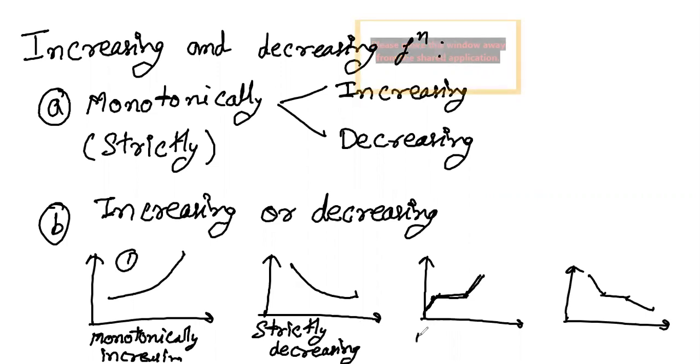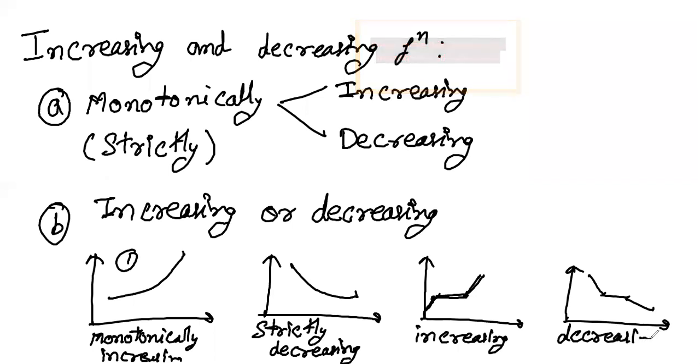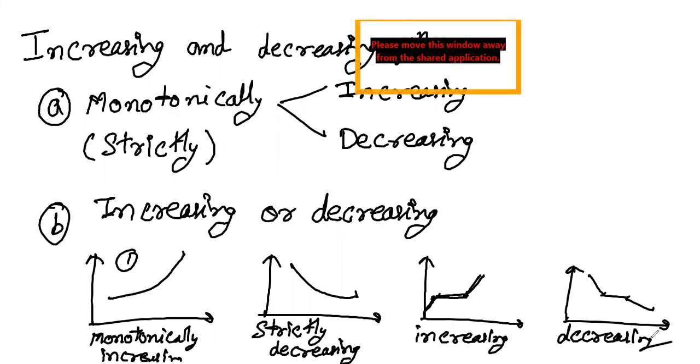And in the fourth case, it is first decreasing, then constant, then again decreasing, so this is only decreasing. So monotonically means strictly increasing, strictly decreasing, then increasing, then decreasing.